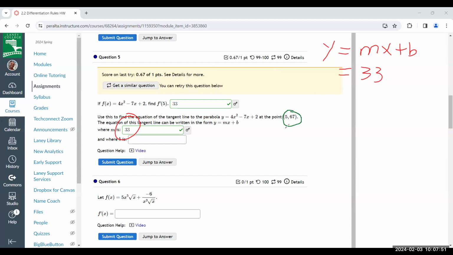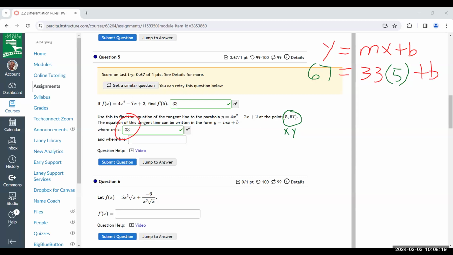So in this point, the 5 represents x, like an ordered pair, and the 67 is y. So I'm going to plug in 67 for y, and then 5 for my x. And now I just have to find out what b is. Like, b is my only unknown at this point.